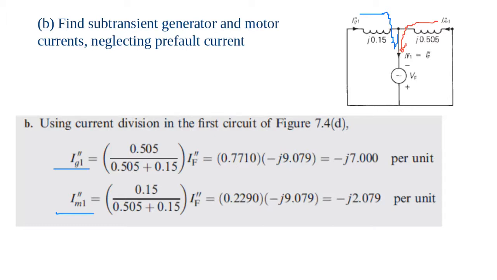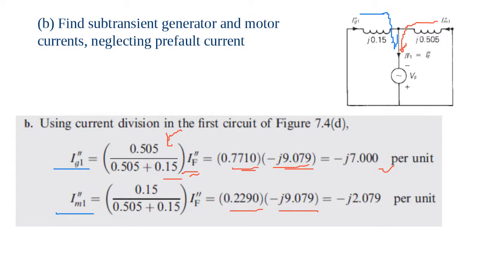Therefore, for the generator we use the current divider rule: the total fault current times 0.505 over 0.505 plus 0.15, which gives 0.7710. And for the motor it will be the same current divider rule, times the total fault current.